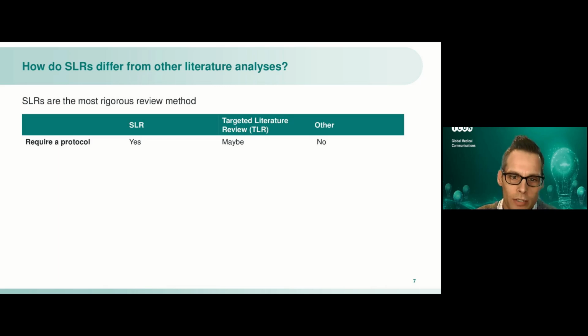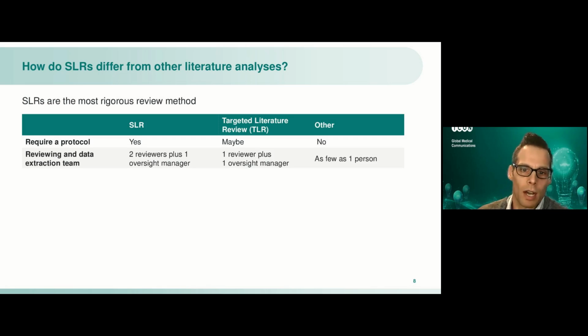And so SLRs, as I mentioned on the previous slide, require a protocol beforehand. You may need a protocol for targeted literature reviews, probably not for other literature review options. They're performed by a team, as I mentioned.